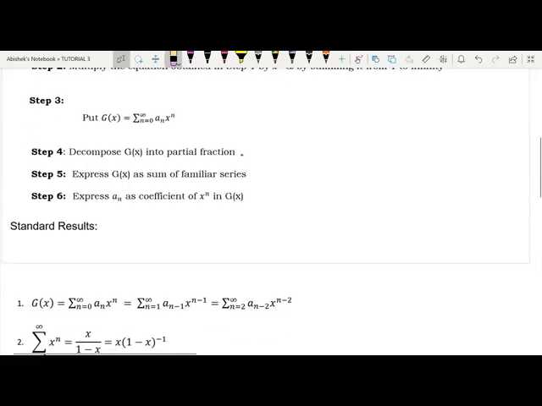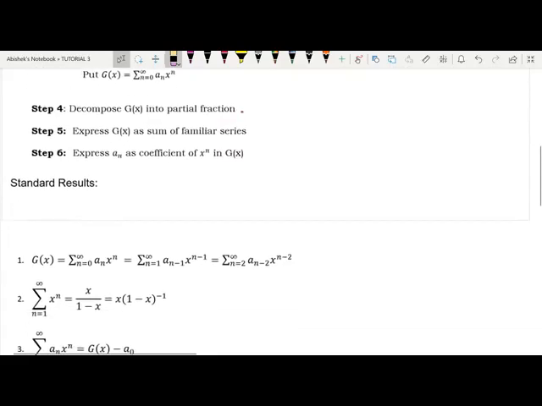Step 3. Put g of x equals summation of n equals 0 to infinity a n x power n. Step 4. Decompose g of x into partial fractions. Step 5. Express g of x as a sum of familiar series. Step 6. Express a n as the coefficient of x power n in g of x.